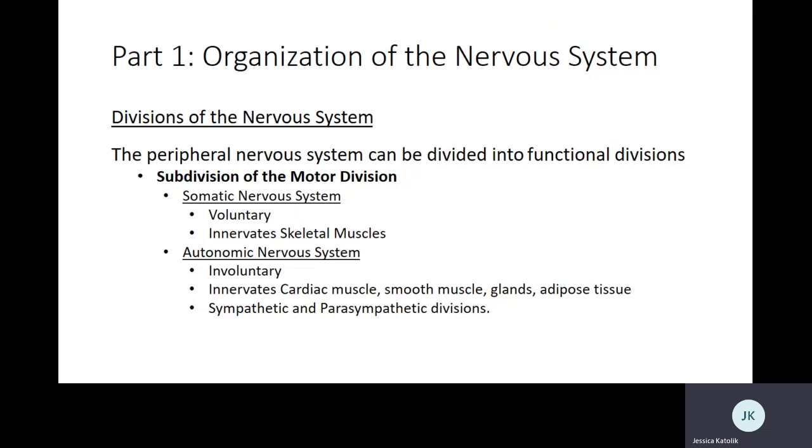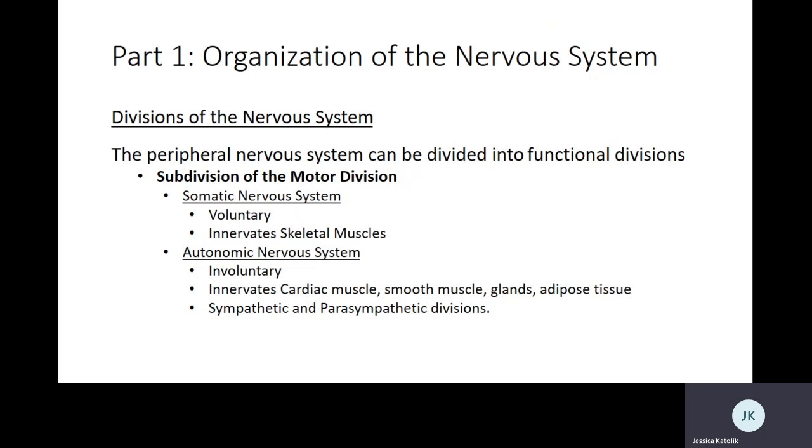So we have the ability to control the somatic nervous system. And generally, this will innervate the skeletal muscles of our body. So if we want to do jumping jacks, or do crunches, or yesterday I was having a lot of fun dancing, specifically to Doja Cat, that is going to be mediated by the somatic nervous system.